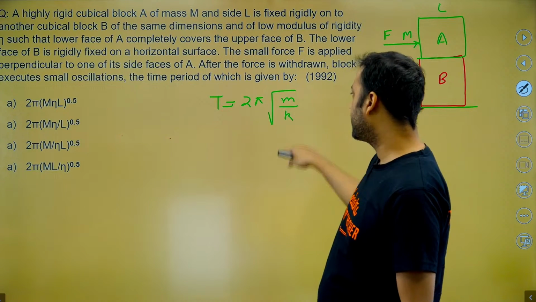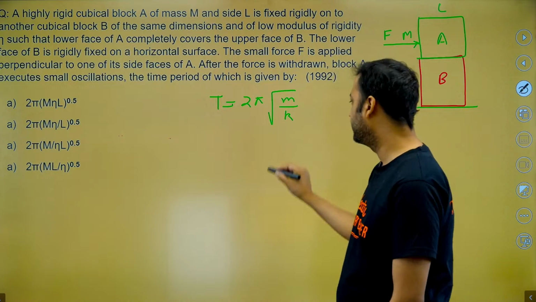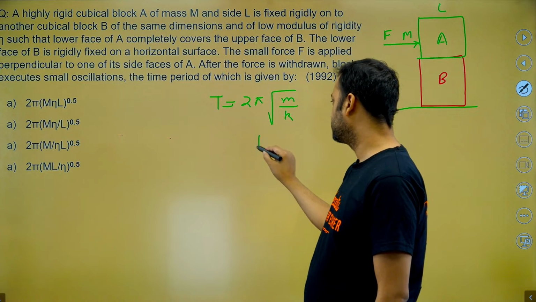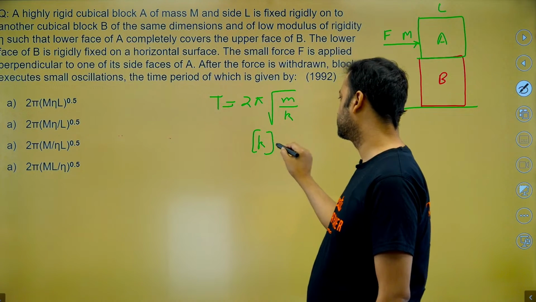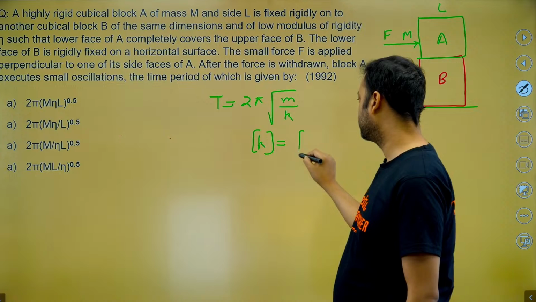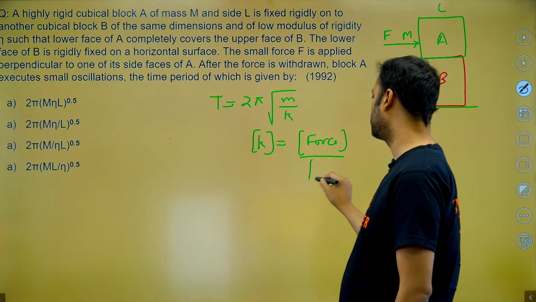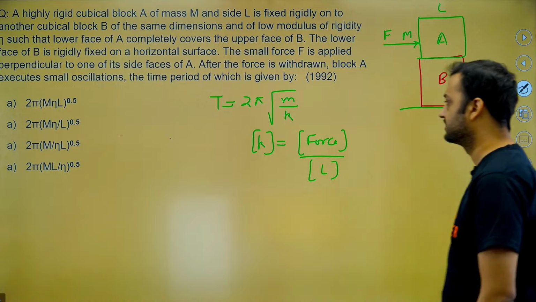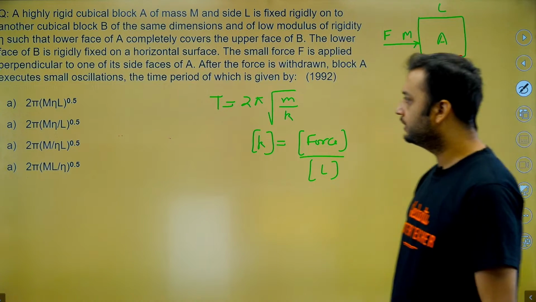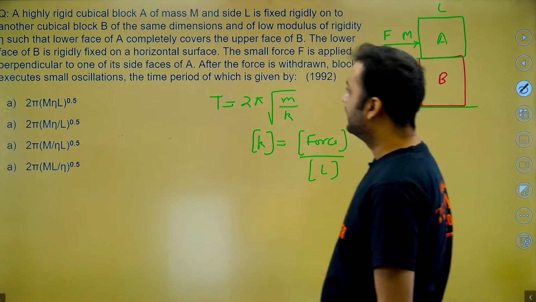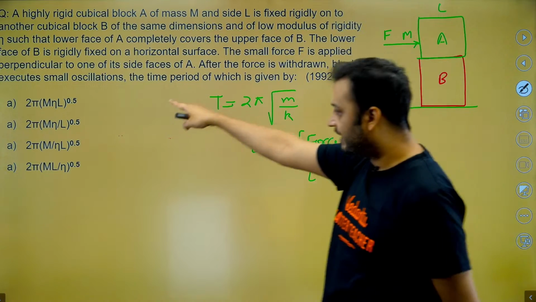So what is the dimension of k? The dimension of k is force upon length, that is, dimension of force divided by dimension of length. Now if you go to the options, you can see all have different dimensions.